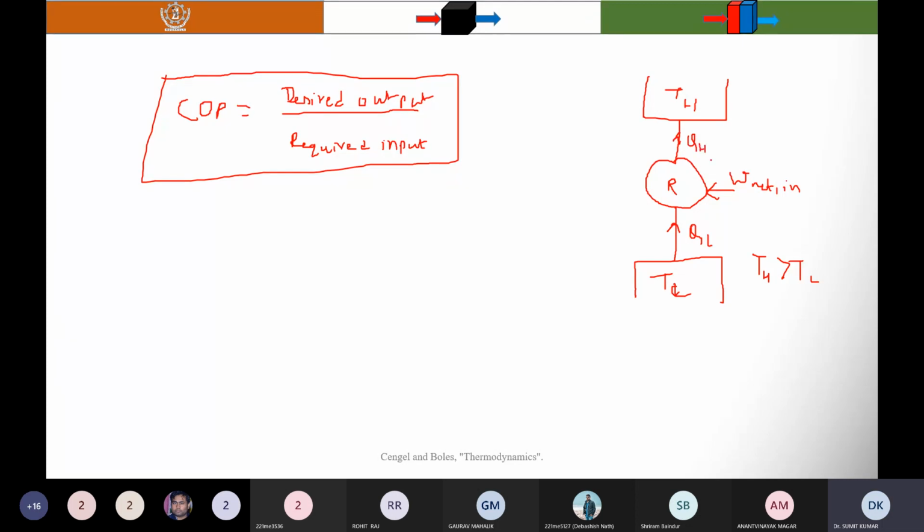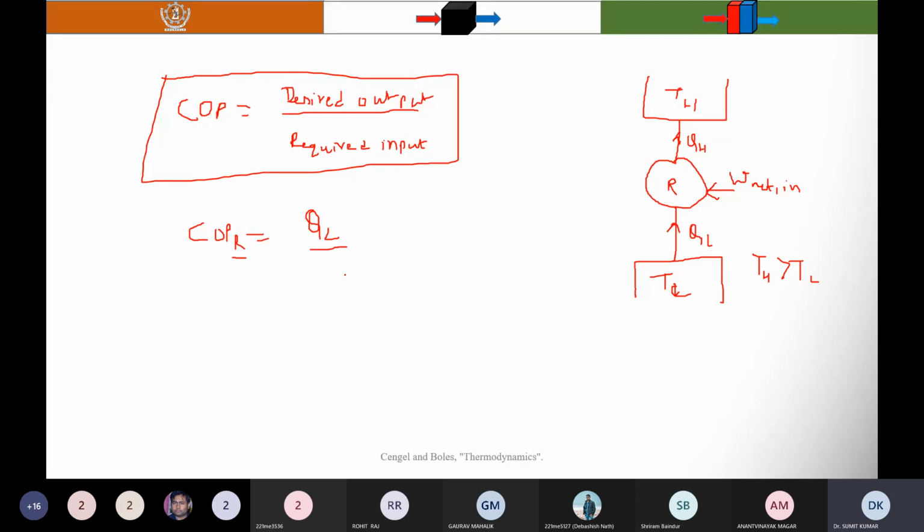In the case of the refrigerator, what is our objective? Our objective is to maintain the refrigerated space at a low temperature. So what is the COP_R? COP_R means the coefficient of performance of the refrigerator, which is why I have used the subscript R. The desired output is QL, because we need to maintain the refrigerated space at a low temperature.